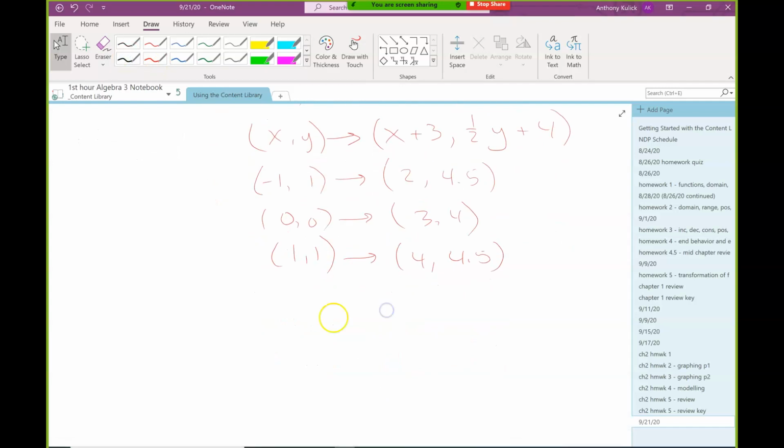Okay. So then I'll just draw my graph. 1, 2, 3, 4. 1, 2, 3, 4, 5. And I have 2 and 4.5. 3 and 4. And then 4 and 4.5. So there's my graph.